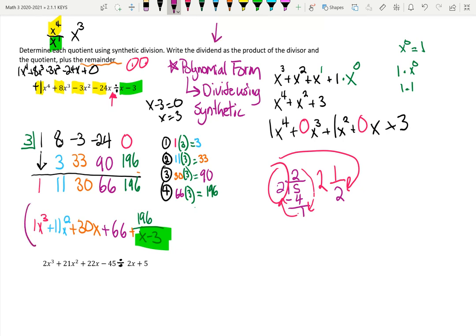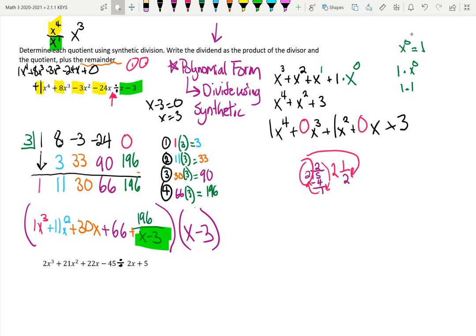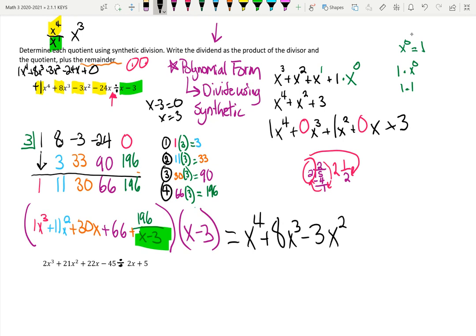So this is what I got. And then I'm going to write times x minus 3. Right? This is what we divided. We got our quotient times our divisor, and this is going to equal the original. Notice degree 3 times degree 1 is going to be a fourth degree.